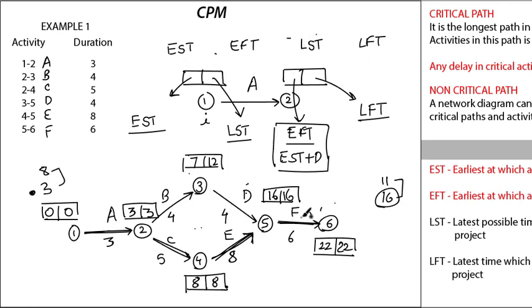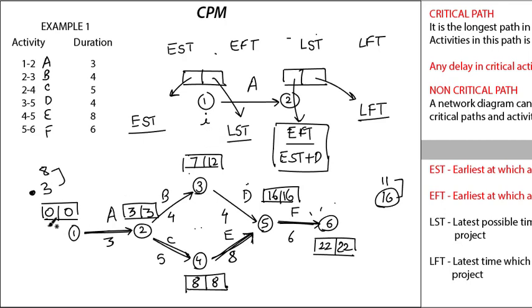Consider activity F. It has earliest start time of 16, earliest finish time of 22, latest start time of 16, latest finish time of 22. Now see carefully, the numbers in the boxes are 0, 0, 3, 3, 8, 8, 16, 16, 22, 22, but here it's 7 and 12.